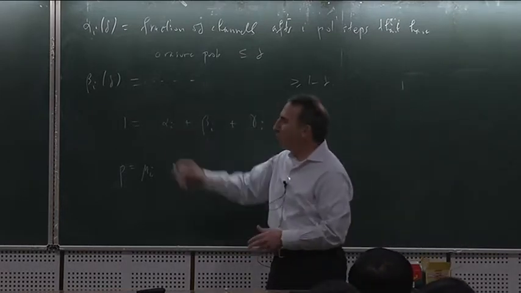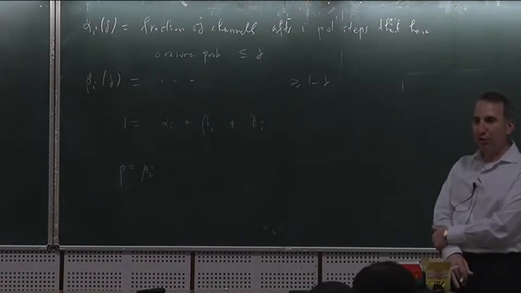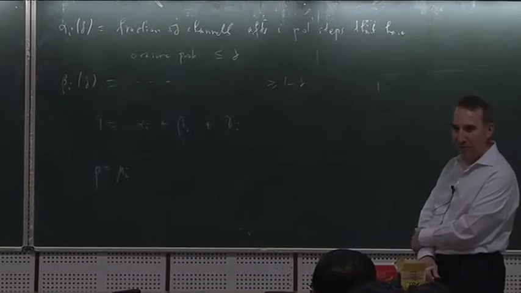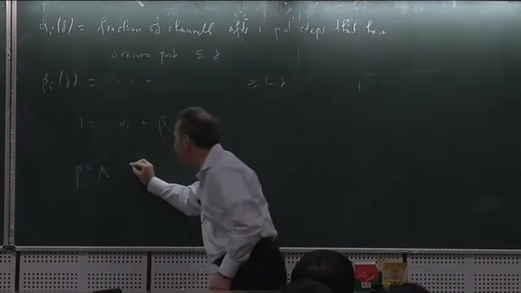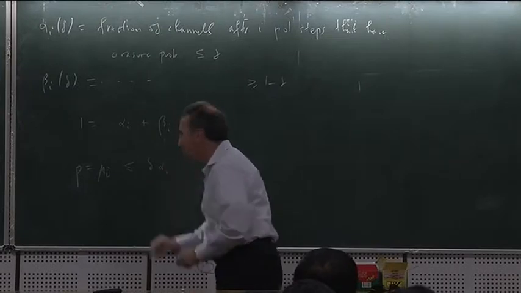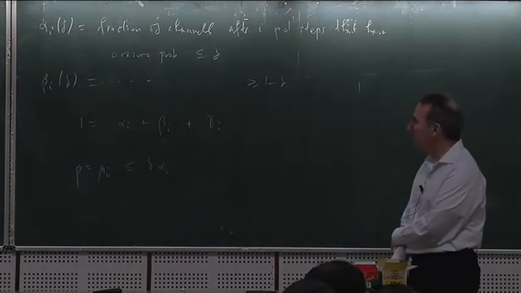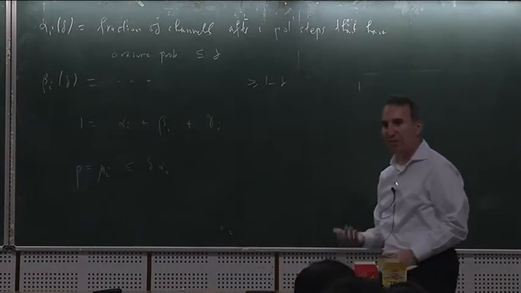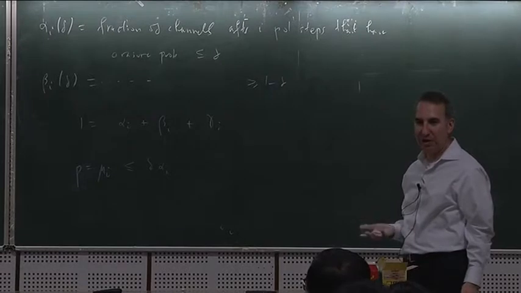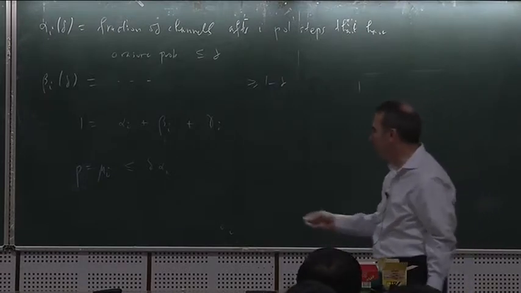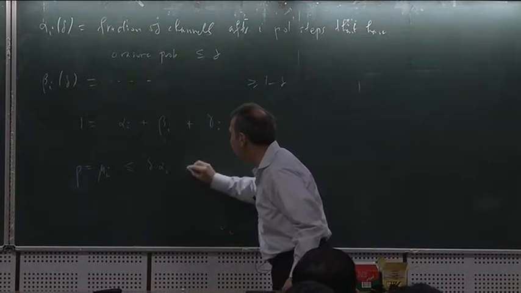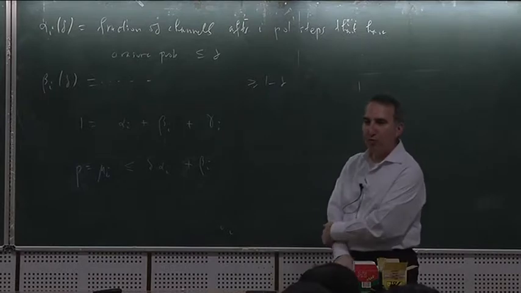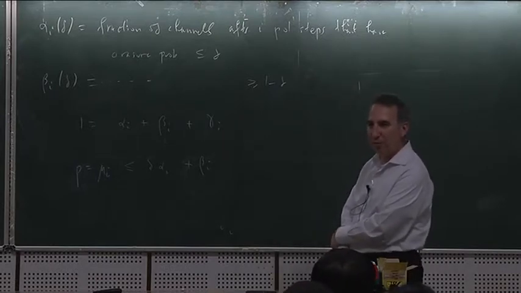Now, what are these contributing to this mu I? They contribute at least 0 and at most delta. So I can have delta times alpha I, plus beta I, and the bad guys contribute at most 1 minus delta to the erasure probabilities sum.